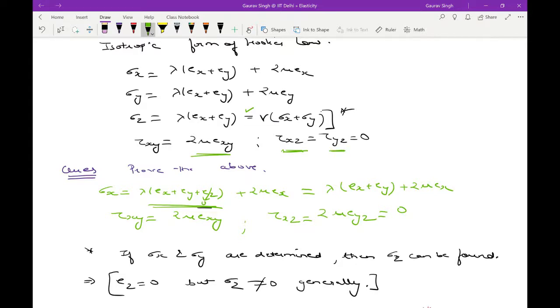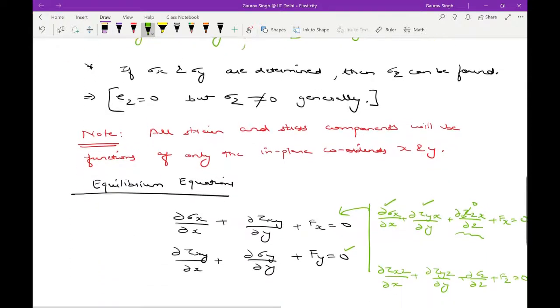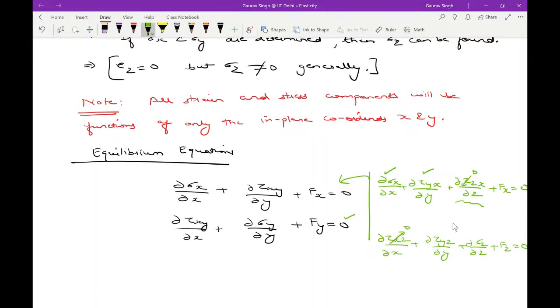And sigma z is not actually 0, but it is a function of x and y only. So this quantity is 0, this quantity is 0, this quantity is a function of x and y only, and hence once you partially differentiate it with respect to z, you will get a 0. And then the last part is that the body forces along this direction are 0, so that is equal to 0. So that's why the third equilibrium equation is not even being written anywhere in plane strain.